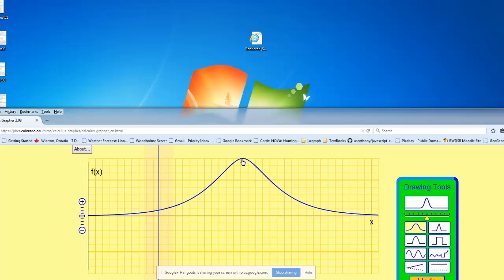So this has nice smooth. What are you thinking? You think you got it? You think you got something?